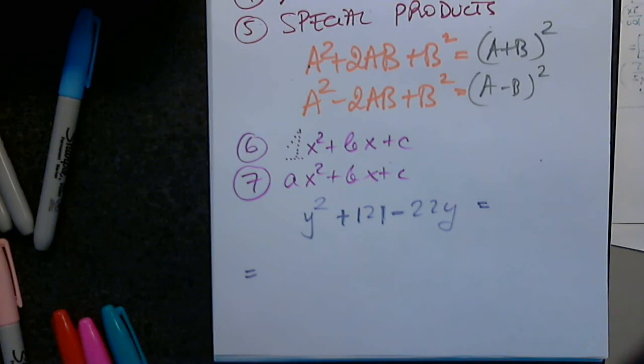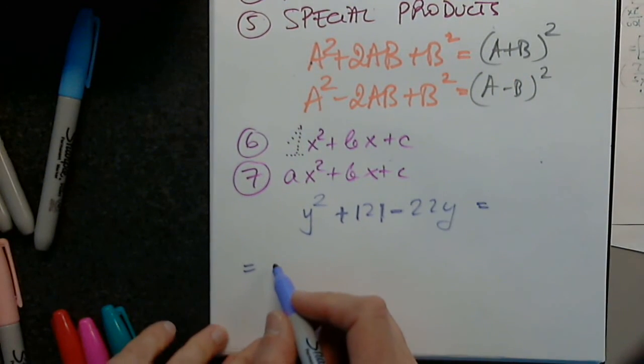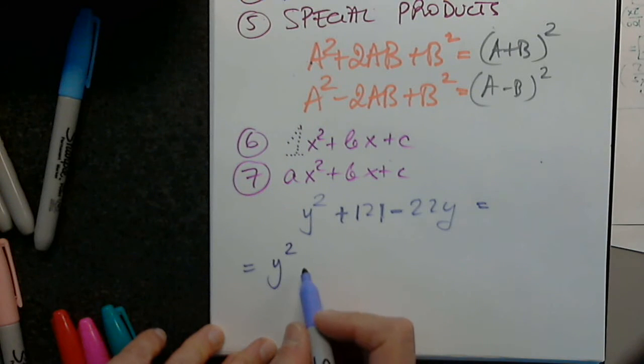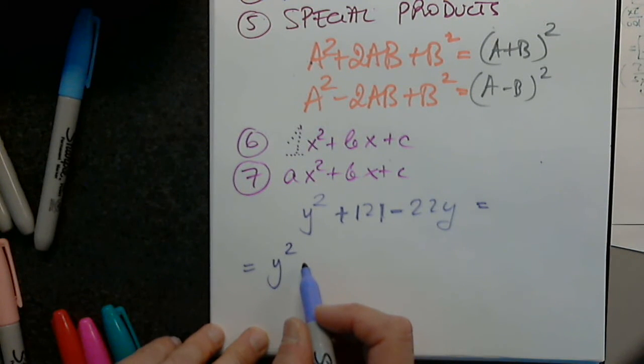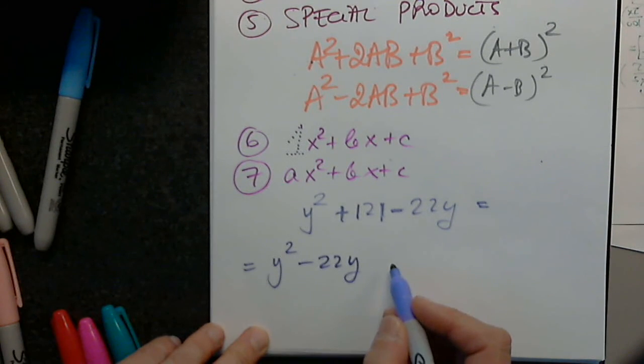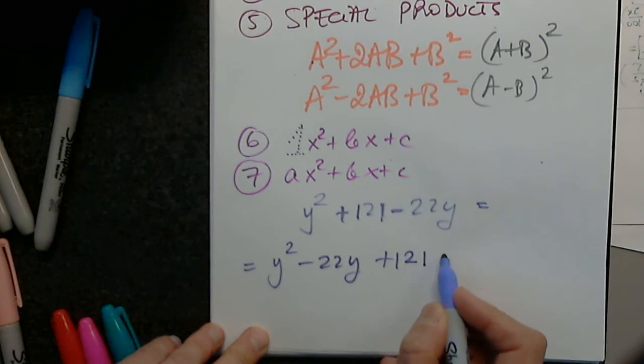And identify the leading coefficient and the leading term. The leading term is y squared. The leading coefficient is 1. Perfect. Minus 22y plus 121. Very good.